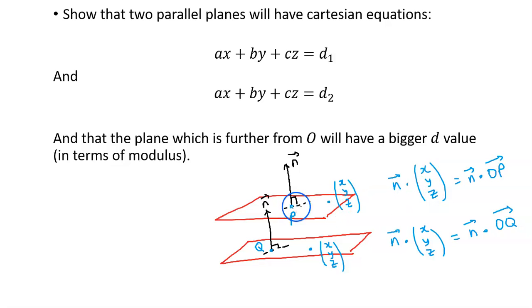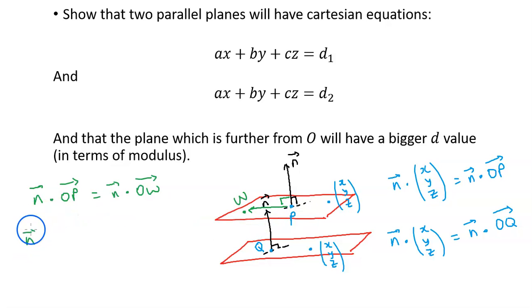And obviously, if two planes are parallel to each other and they share a point, then they have to be the same plane. It's also kind of interesting, though not part of this problem, to observe that if you take another point W in the plane, then n dotted with OP has to be equal to n dotted with OW. That's simply because the vector PW is inside the plane, and therefore n has to be orthogonal to it, and the vector PW is equal to OW minus OP.